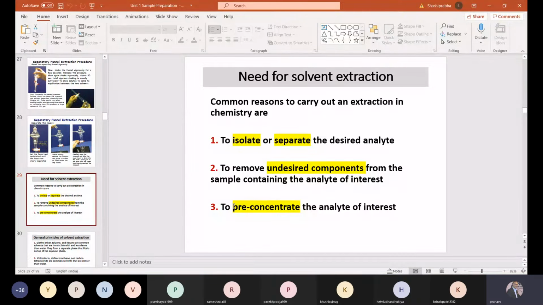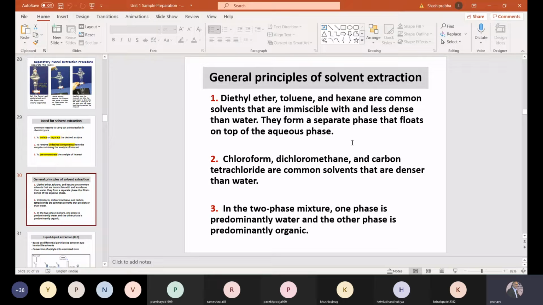That is what is important to understand here. And then I suppose we just talked about different solvent systems which we are using in solvent extraction. The common solvents which are being used to extract are diethyl ether, toluene, hexane.